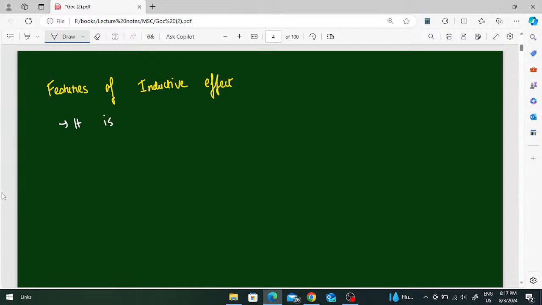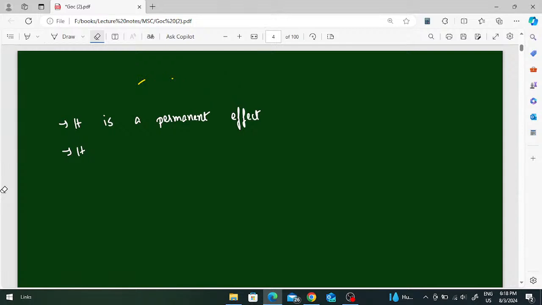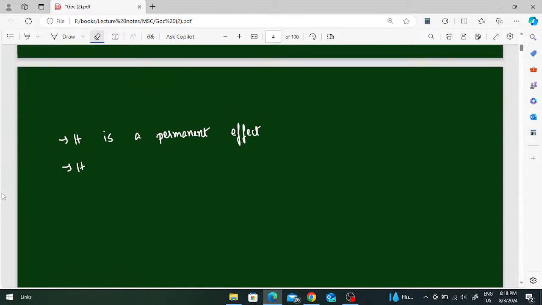Permanent effects are of three types: inductive effect, mesomeric effect, and hyperconjugation. So it is a permanent effect, and it operates through the sigma bond, we already saw that. We are already seeing the features of inductive effect, so let's just club them together.